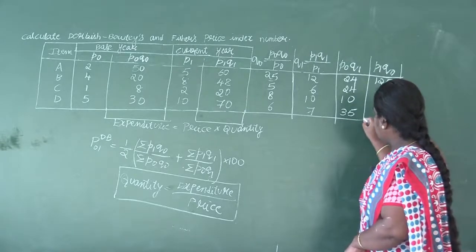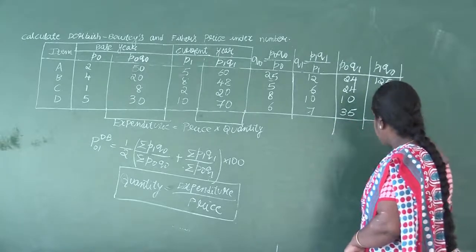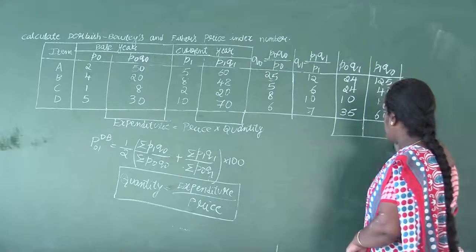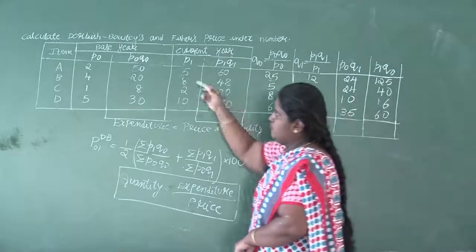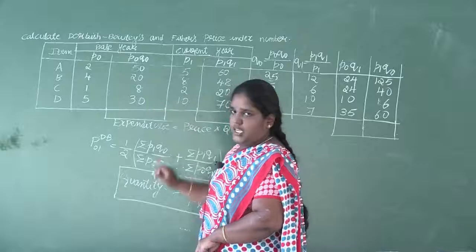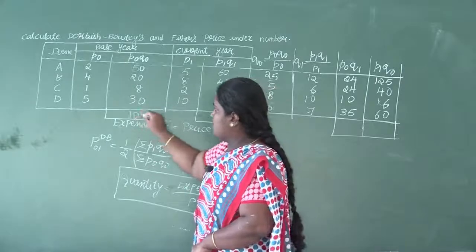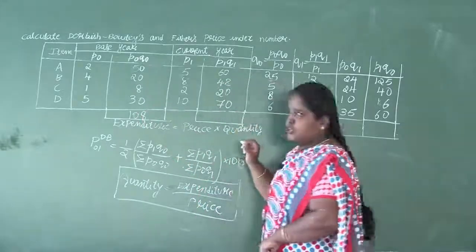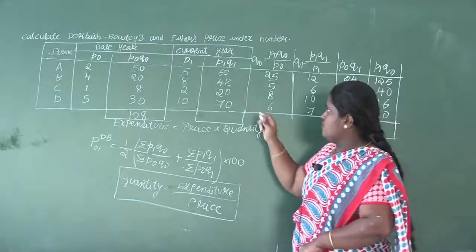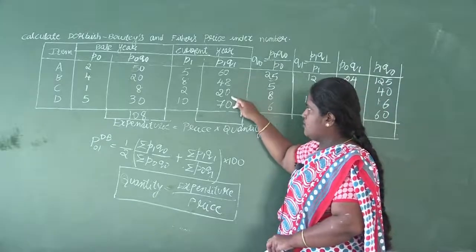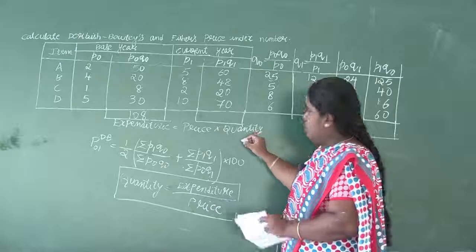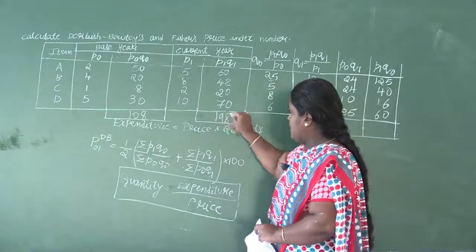Now do the total. We need the total of the expenditure given in the question. The values are 50, 20, 30 and 8, so we get 108. Then the total of the current year expenditure 60, 48, 20 and 70 is 198.